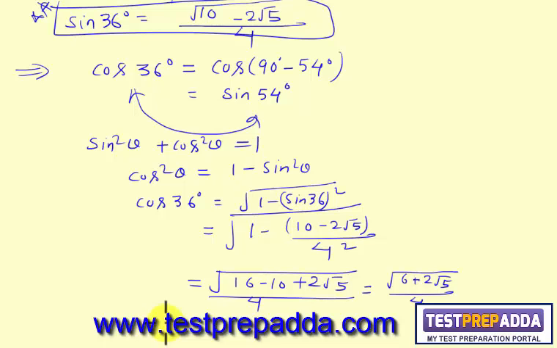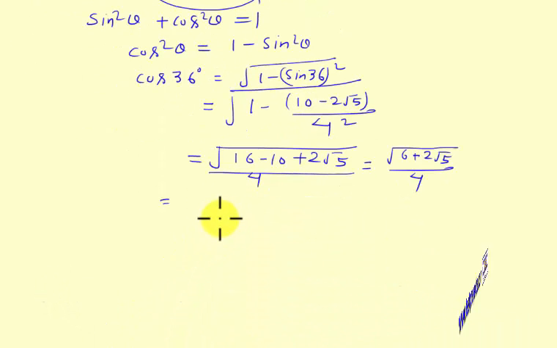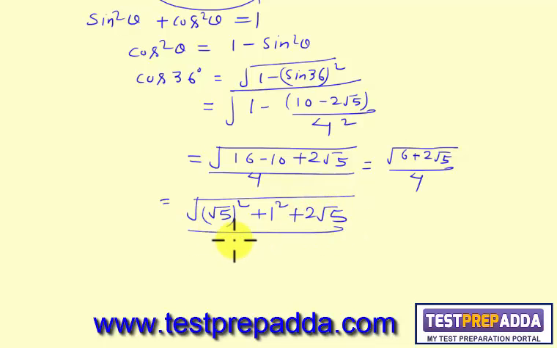Okay, now if you want, you can write 6 as root 5 square plus 1 square, plus 2 root 5. Check the interesting part: a square plus b square plus 2ab. What is this? a plus b whole square.